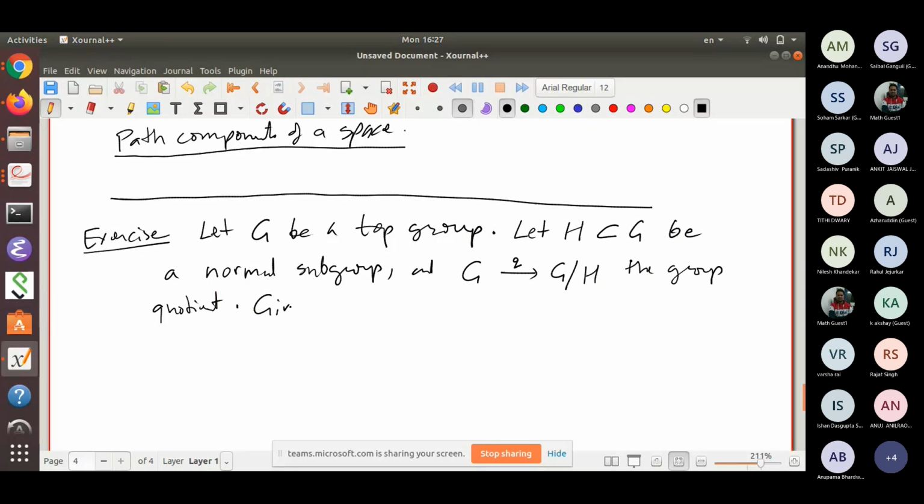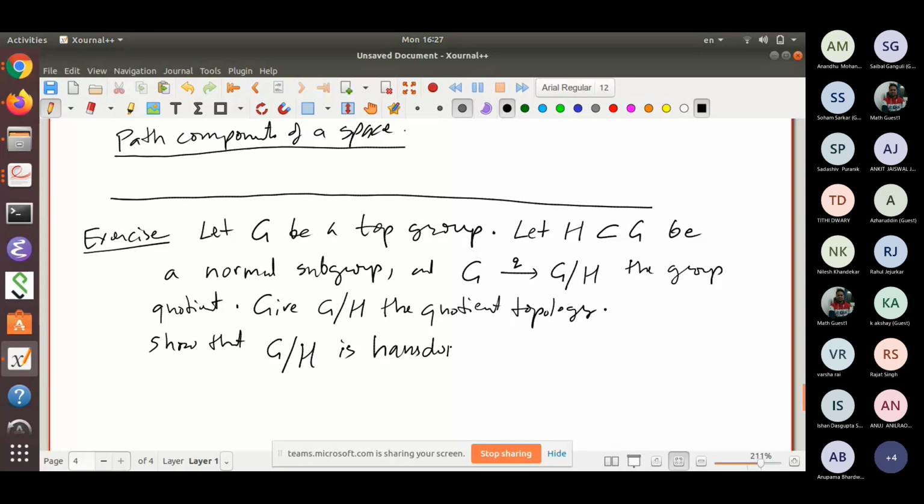Okay, give G mod H the quotient topology. As we described, whenever I have a set and a cancellation, the quotient gets a topology: namely, all those sets are declared to be open whose inverse image is open. Show that G mod H is Hausdorff if and only if H is closed in G. Exercise clear?